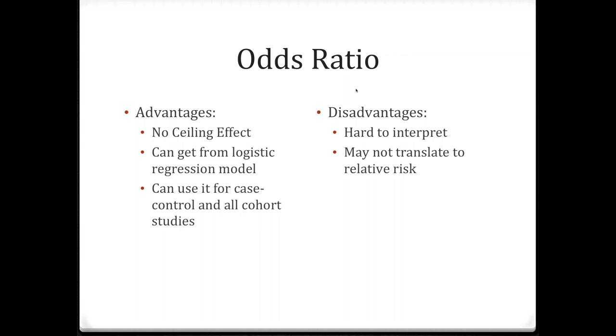Unlike the relative risk, it has no ceiling effect, and you can always get them from case control and cohort studies. Also, you can calculate an odds ratio from a logistic regression model. The major disadvantage is that an odds ratio is difficult to interpret, especially when the baseline risk is high and the odds ratio does not equate to a relative risk.